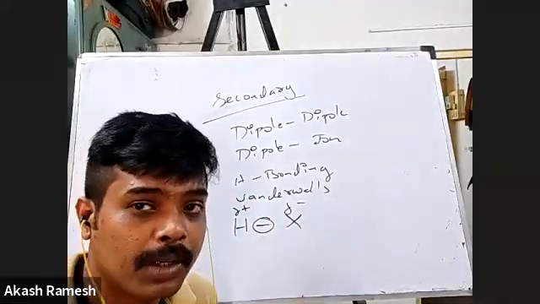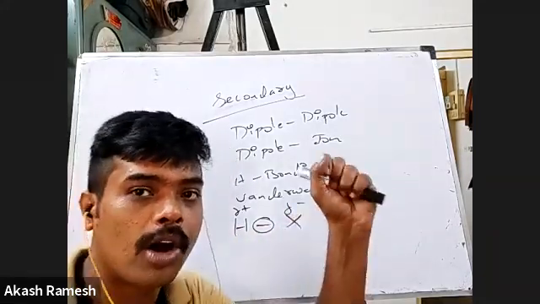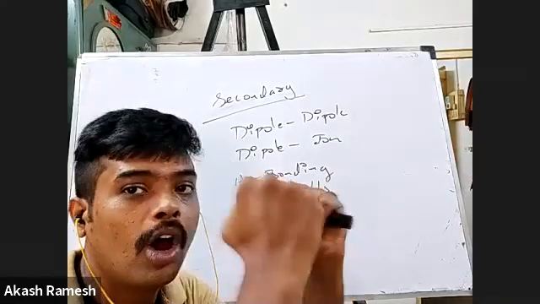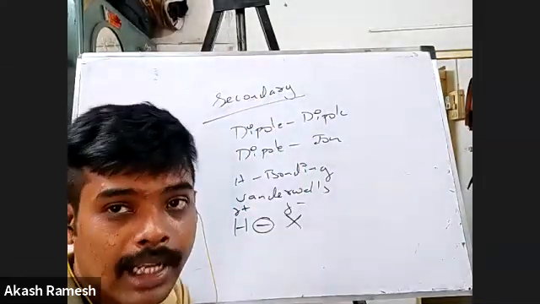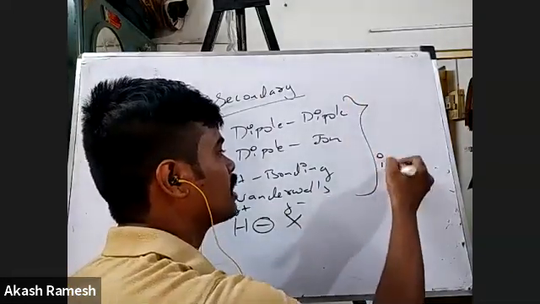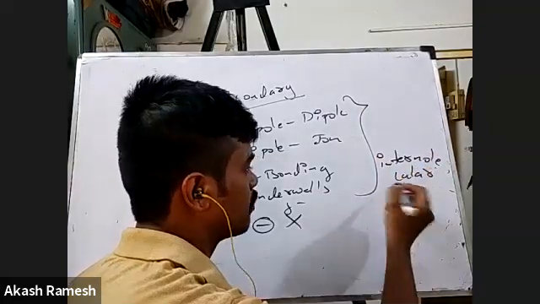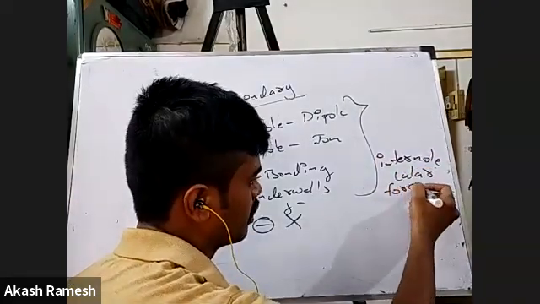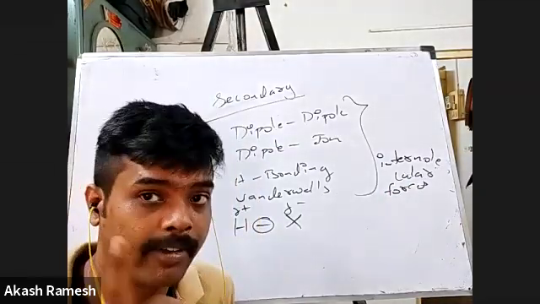Now what we are going to speak about is between two water molecules. I have one water molecule and another water molecule, and what kind of interaction they will have is what these secondary types of bonds are. So I would say these are basically intermolecular forces, between two molecules, not between atoms.